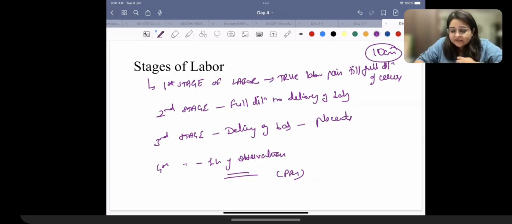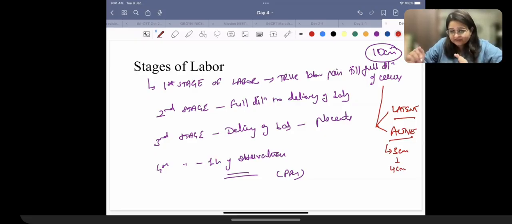Now, in first stage of labor, you can further subclassify into a latent phase and an active phase. Now, this definition of latent and active has changed over the years. Earlier we used to say active phase starts at 3 centimeters. Then it changed to 4 centimeters.